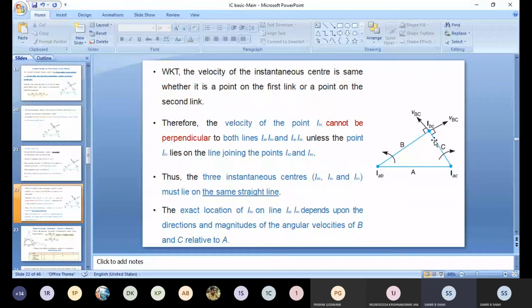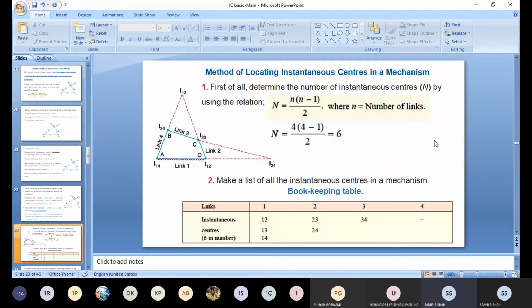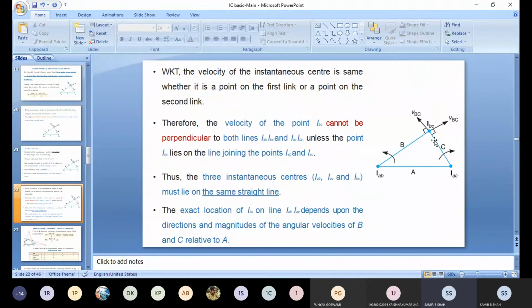If it were outside, the velocity would be perpendicular. After that, we have to show that the velocity of the same point on different links is the same, so it must lie on the same straight line. So in that way you start and end with this point.